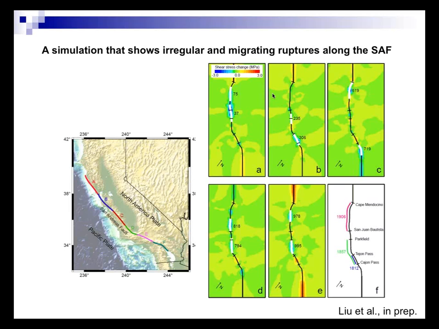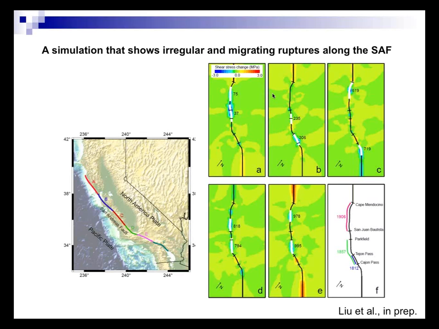I'm just assuming that I have all the same strengths. So with all the cells, I'm just simulating when randomly one cell ruptures, it perturbs the stress on the neighboring segments, and sometimes they go very long, sometimes go short, and we don't know exactly what controls this.